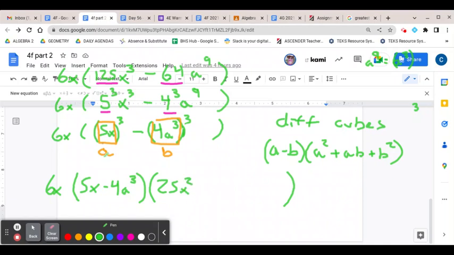Then we have to multiply our a and our b terms, so 5x and 4a cubed, which is going to be 20a cubed x. 5 times 4 is 20, a cubed, and then x. And lastly, we're going to have b squared. So 4a cubed squared is going to be 16a to the sixth.